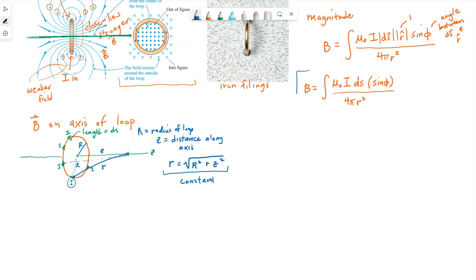Coming back up to our equation, phi in here is the angle between ds and r hat. ds is tangent to the loop. It's the direction the current is flowing in. And then r hat just lies along the line of this r that we just talked about.